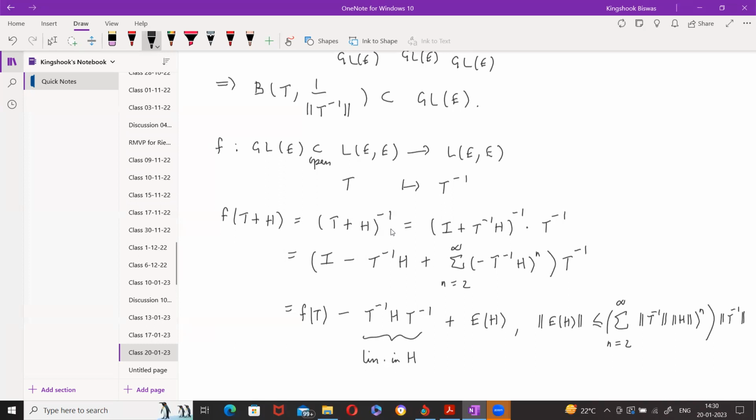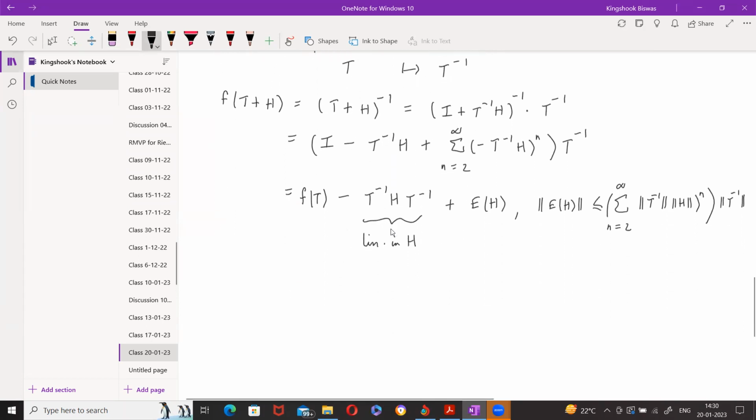And so when I sum this up, I will get norm T inverse, norm H, this thing whole squared, divided by 1 minus norm T inverse norm H into norm T inverse. And so the whole thing is less than some constant times norm H whole squared, for norm H small.